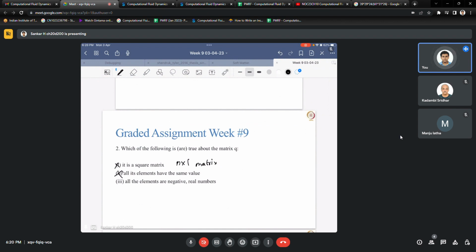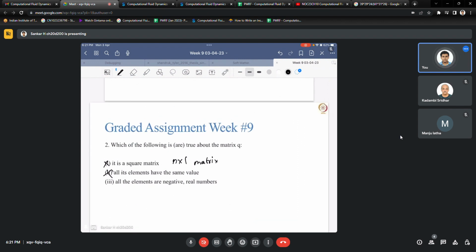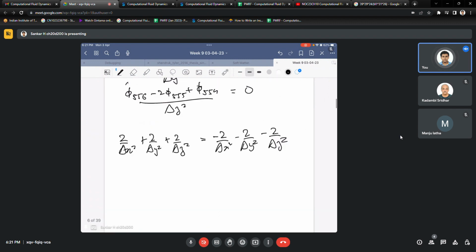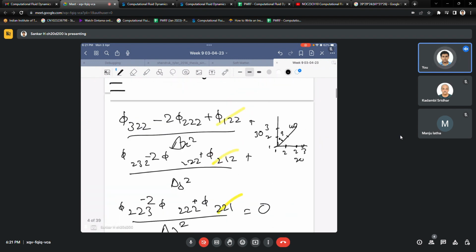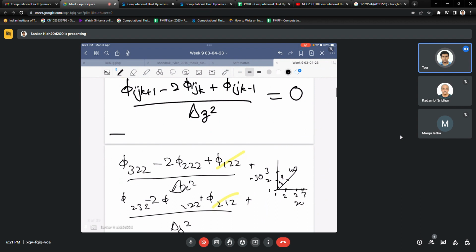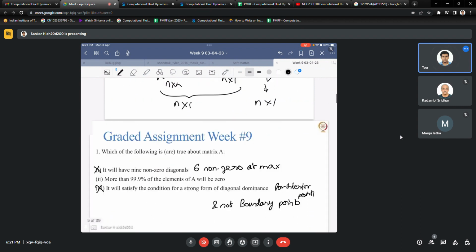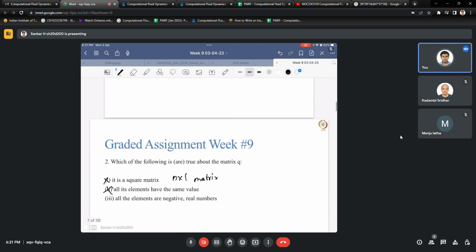And the third one is all the elements are negative real numbers. Again, that also depends on the boundary conditions that are being used. Suppose I have here, instead of 30, minus 30 and minus 20, minus 40. Again, when you take it to the right side, we'll be getting the positive values.